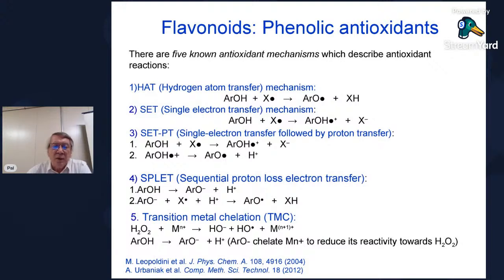However, if the phenolic antioxidants chelate these transition metals, that way reducing their reactivity towards hydrogen peroxide, it prevents the Fenton type reaction with hydrogen peroxide, and that's why prevents formation of hydroxyl radicals.